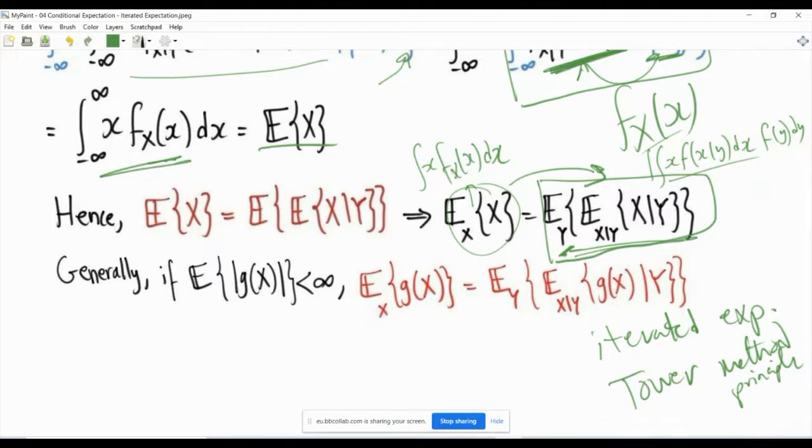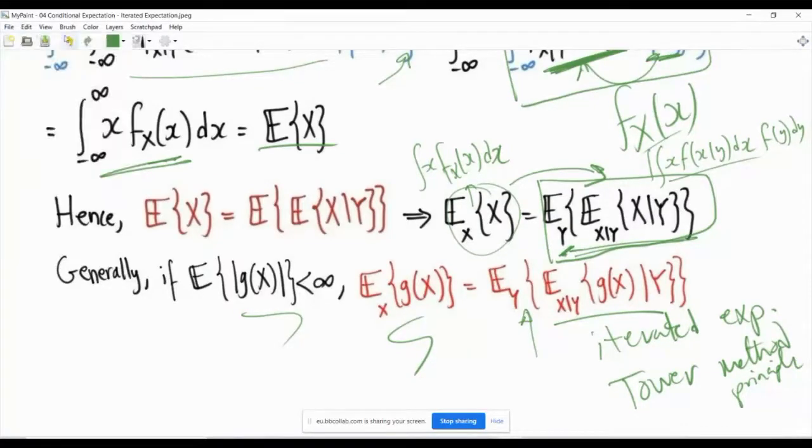If you have a function of x with a finite first moment, then you can obtain this expectation by doing the expectation conditionally on y, and then taking the expectation with respect to y. And definitely this needs an example, at least one situation in which this is very useful.